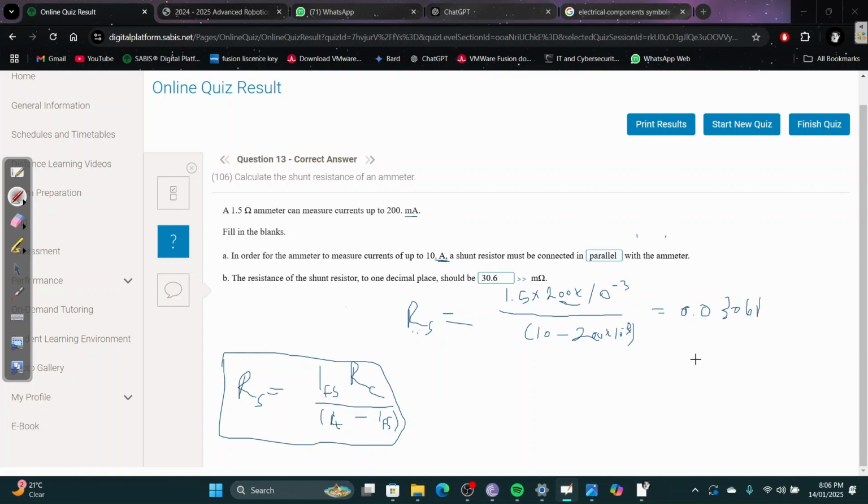Now again, because we're working in the actual unit, not with the suffixes, we change this to the proper unit, amperes, and we have this in ohms. We want to change it to milliohms. And remember, anything from the unit to the suffix milli is times 10 to the power of 3. So we're going to multiply 3 times, we're going to move the decimal point 3 times.